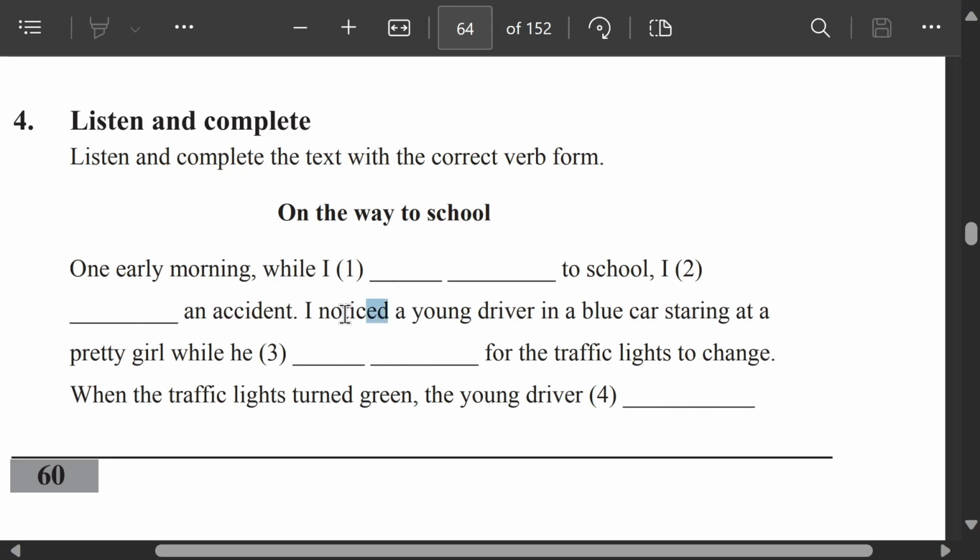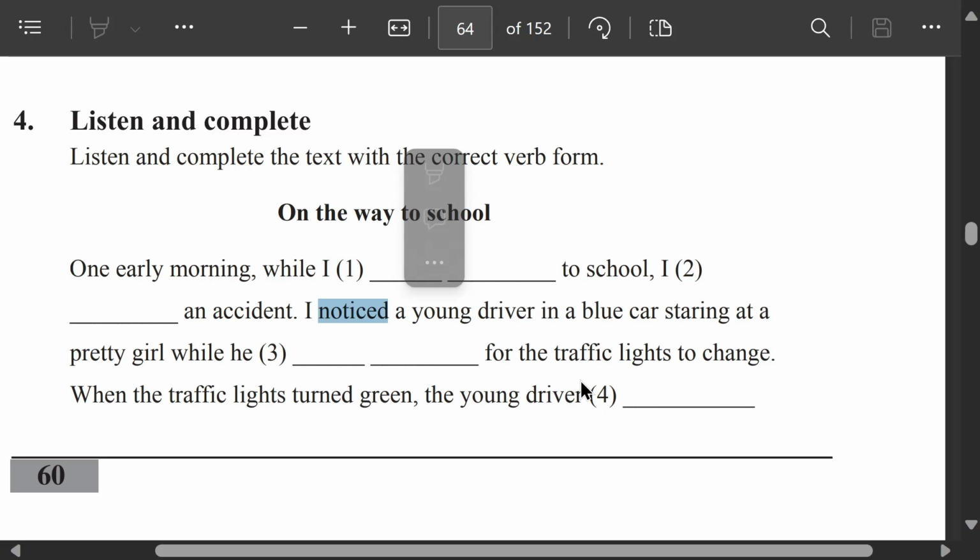I noticed. What is this? Okay, notice is like to see, right? To see something, to take notice of something. What tense is this? I noticed. Simple past. Are you sure? Yes, past. Present tense? Simple past?